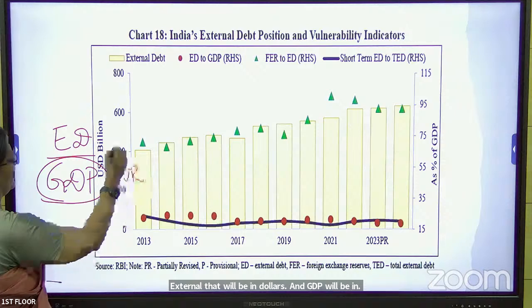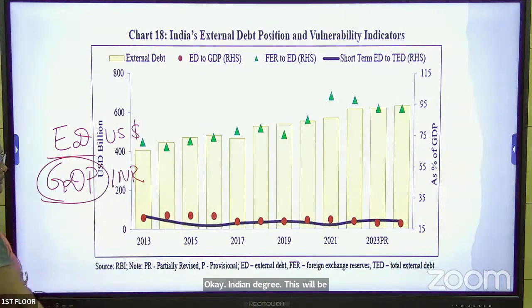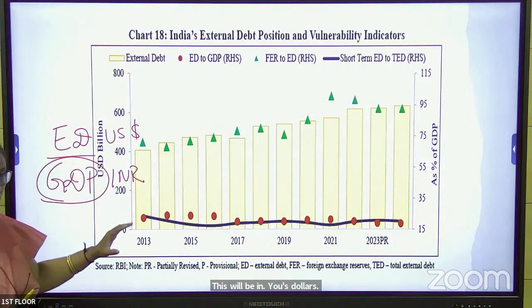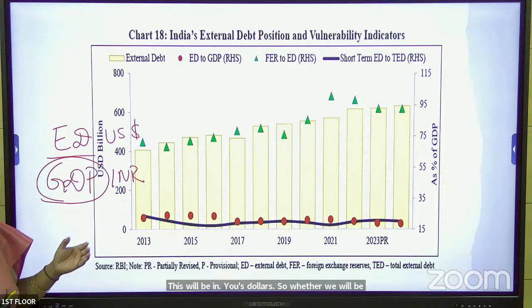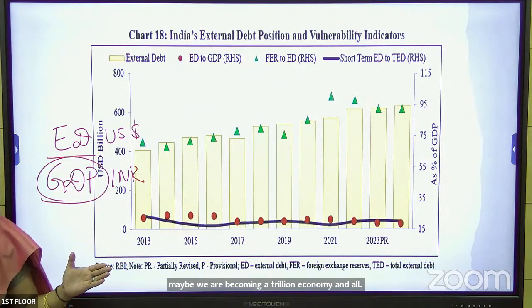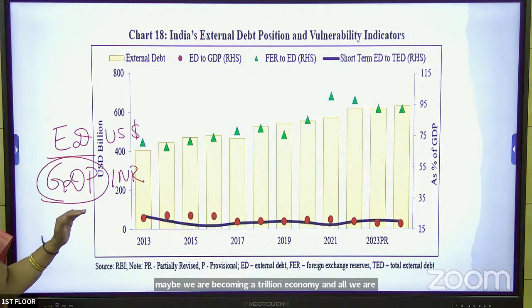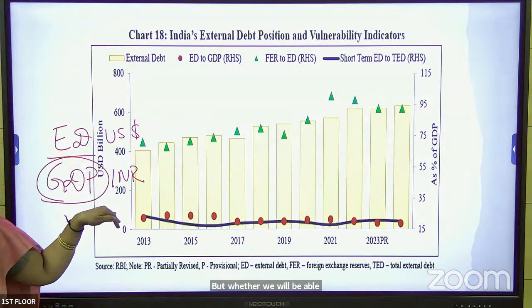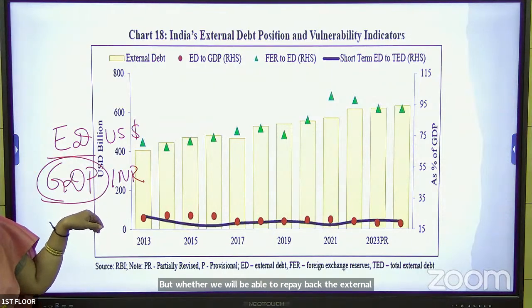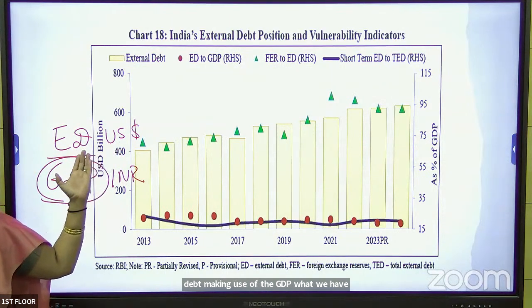Indian rupees. So maybe we are becoming a trillion dollar economy and all. We are expanding in terms of GDP. But whether we will be able to repay the external debt making use of the GDP we have, we won't be able to do.